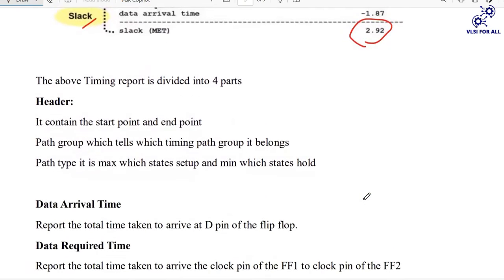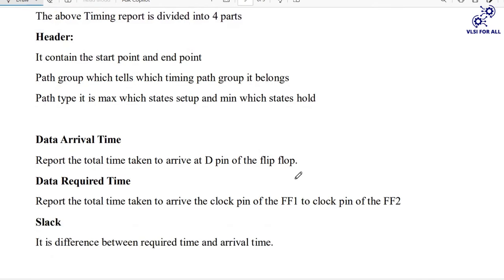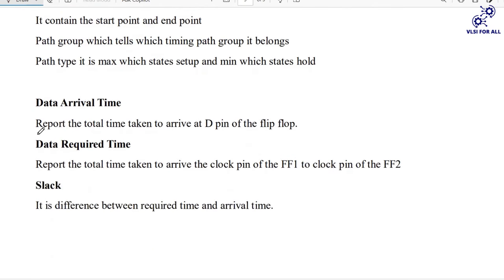So the header contains the start point and the end point, which tells which timing path it belongs to. There is the path type: maximum states setup and minimum states hold. Data arrival time reports the total time taken for data to arrive at the D pin of the flip flop.